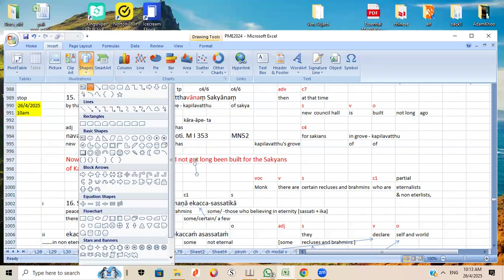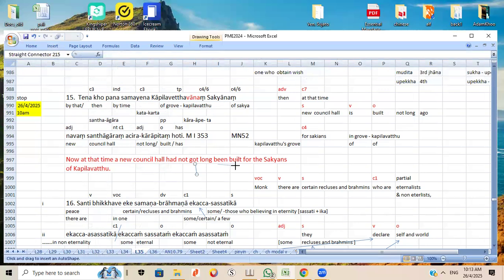If you don't want to translate this, you see the translation here did not talk about the group. It just talks about "for the Sakyan of Kapilavatthu". That means these Sakyan stay in Kapilavatthu.